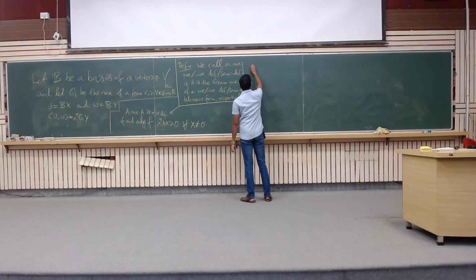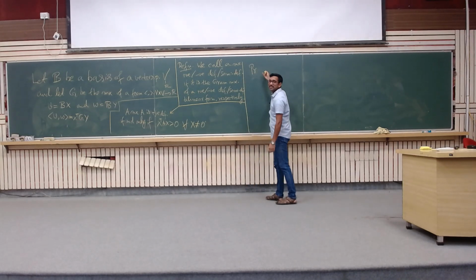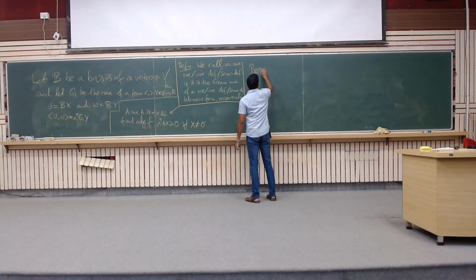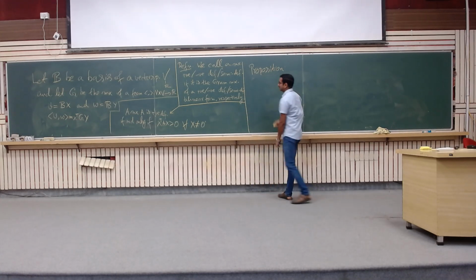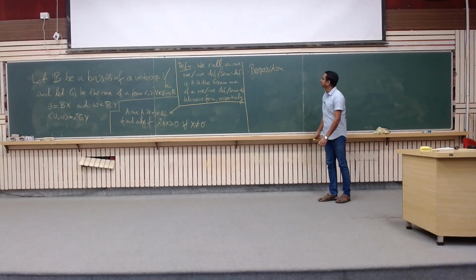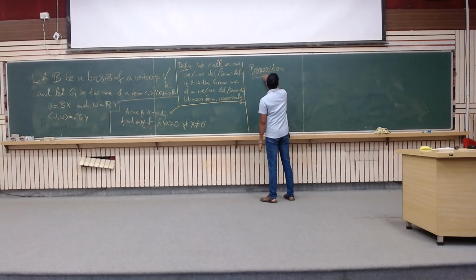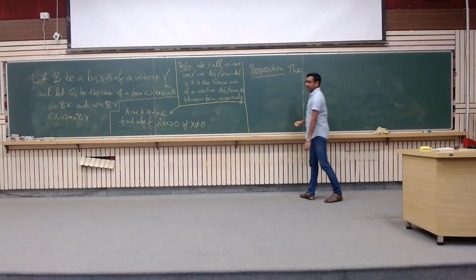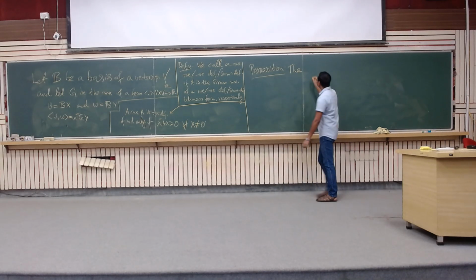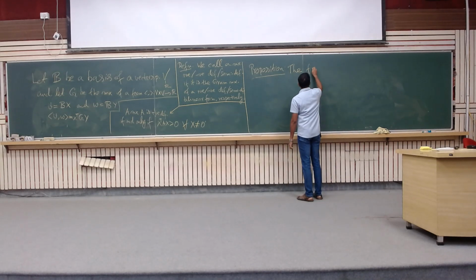Here's a proposition. You can write it down as an exercise if you wish, but it's called a proposition because it is useful also in other exercises. What it states is that the following are equivalent.